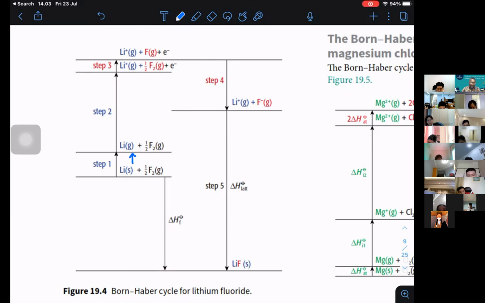Then from Li to Li plus, it's not atomization, it's the first ionization energy of lithium. Then from F2, this is atomization of F. Then, joined together, electron affinity. And then lattice energy, and you can calculate.